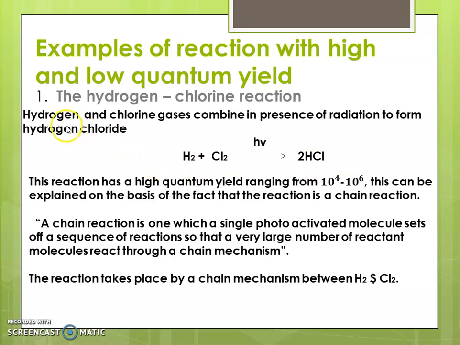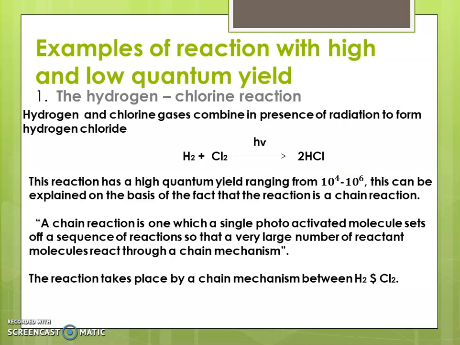That is, hydrogen and chlorine gases combine in presence of radiation to form hydrogen chloride, an example of a photochemical reaction having higher quantum yield, that is greater than unity. Phi is greater than 1, in between 10 raised to 4 and 10 raised to 6.